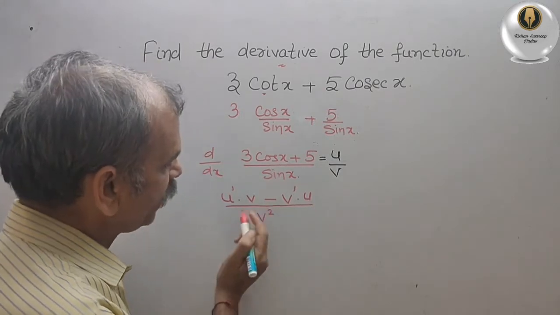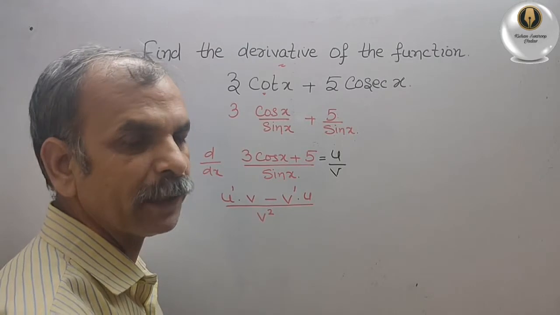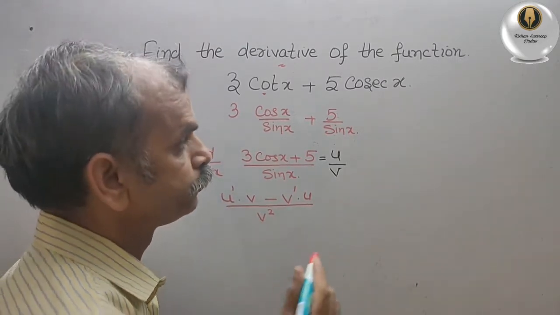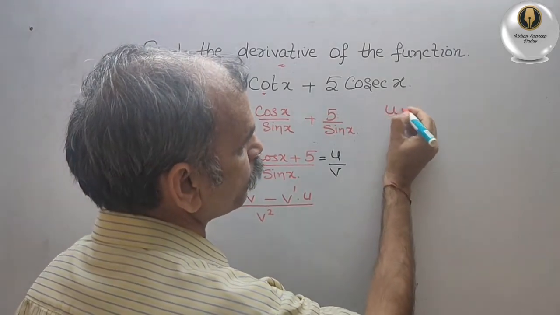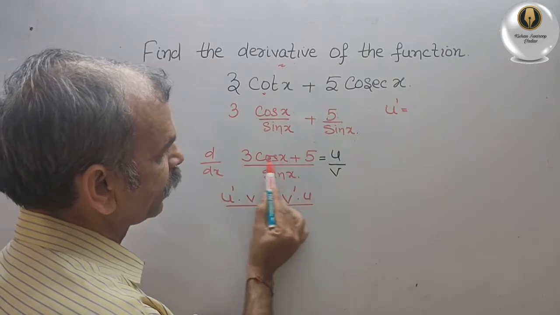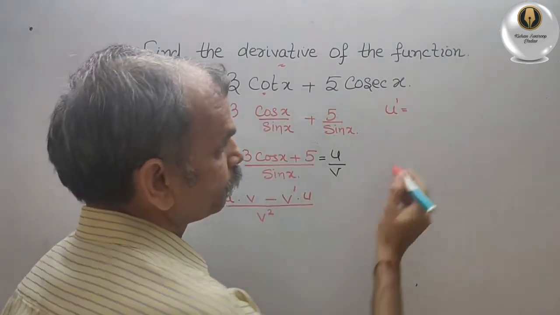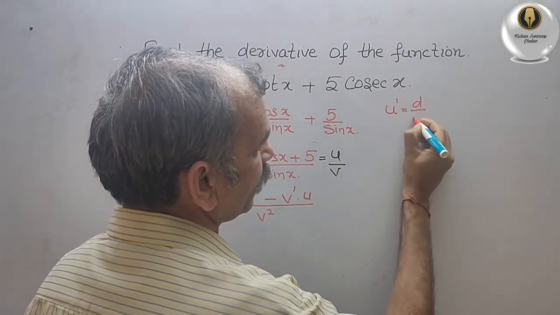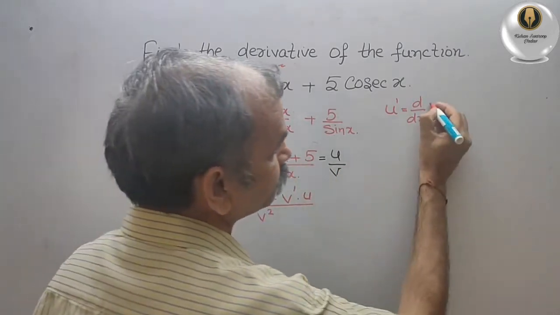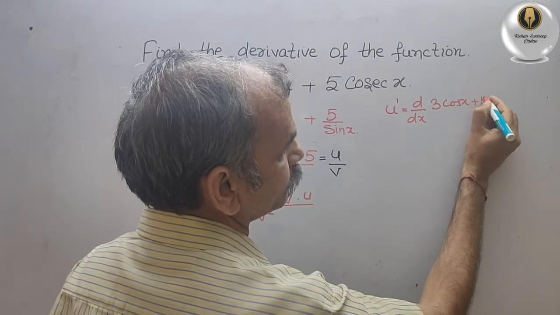For our formula we need the derivative of u and the derivative of v separately. So first we will go for the derivative of u, that is u dash. U dash is the derivative of only the numerator. We will get d by dx of 3 cos x plus 5.